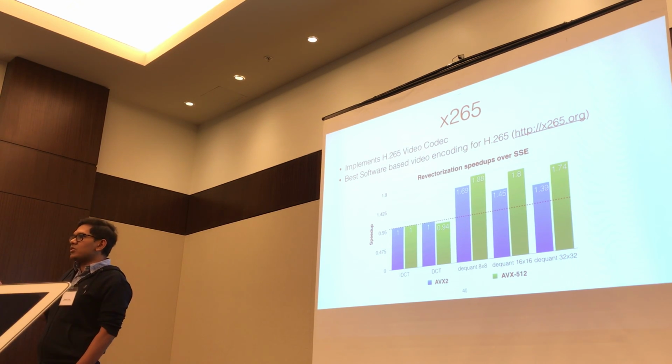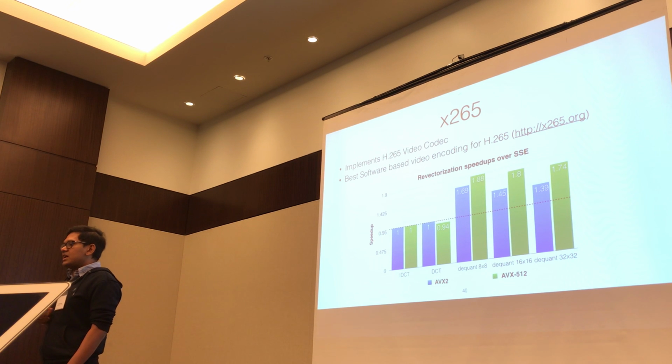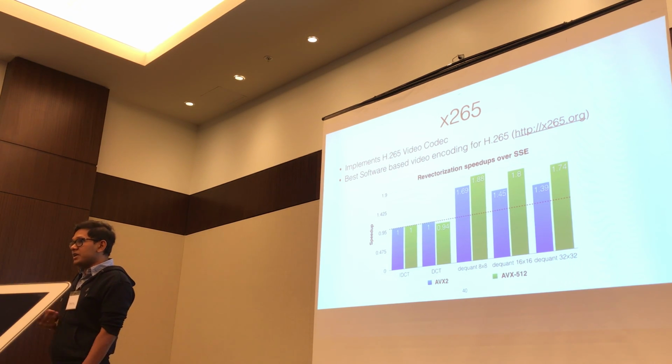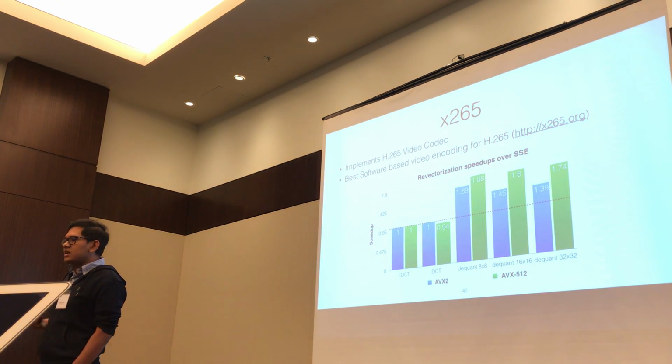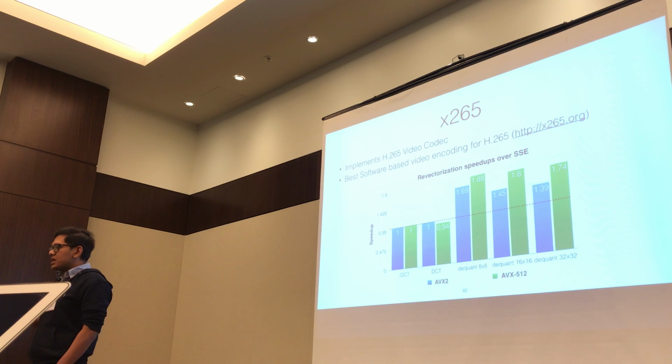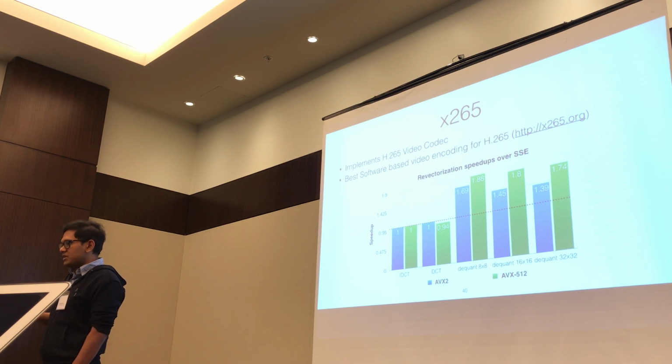That means we are not able to revectorize everything. But when we are able to, we get good performance. In this case, we do not get a performance benefit for the DCT or IDCT kernels, but for dequantization, for AVX2 machines, we get up to a 1.69x performance increase, and for AVX512, we get almost a 2x performance increase.